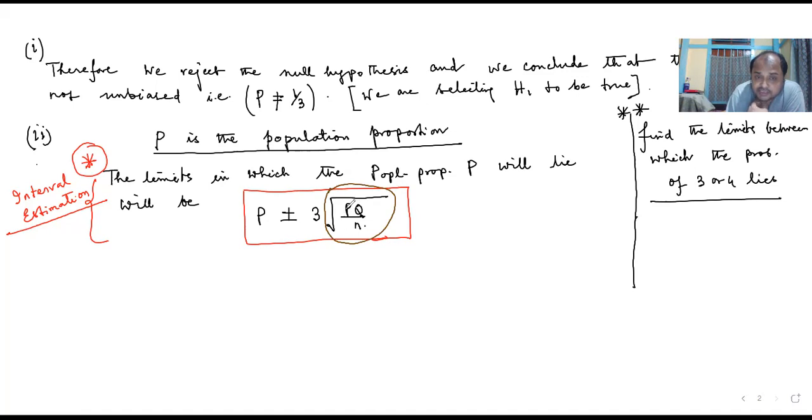Now, this entity that we have considered over here, that is, under square root capital P capital Q by small n, what is this entity? This entity is called the standard deviation of population proportion.